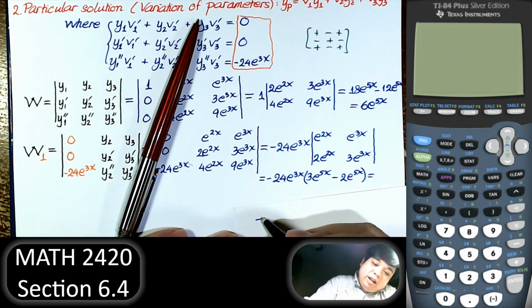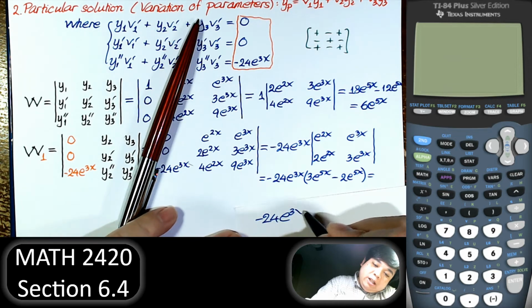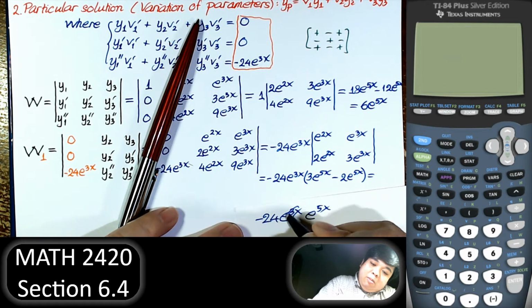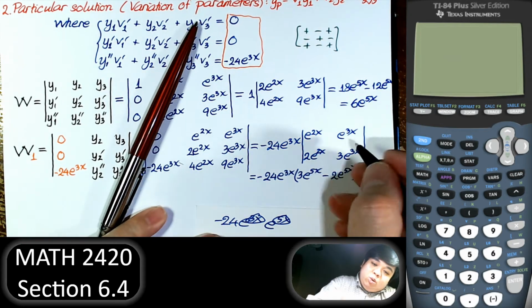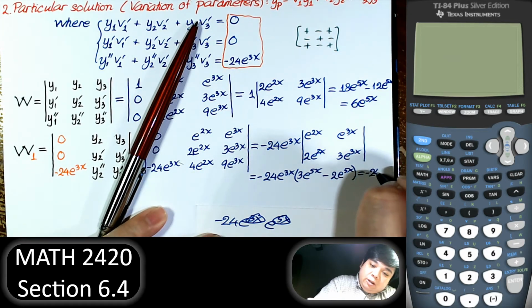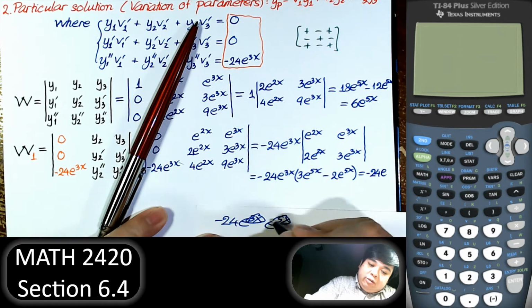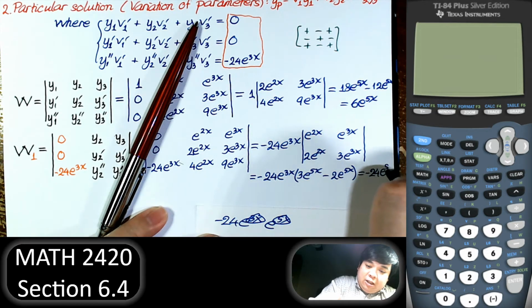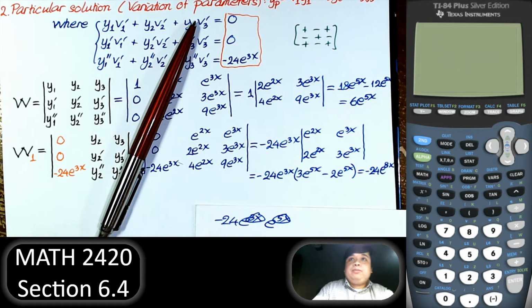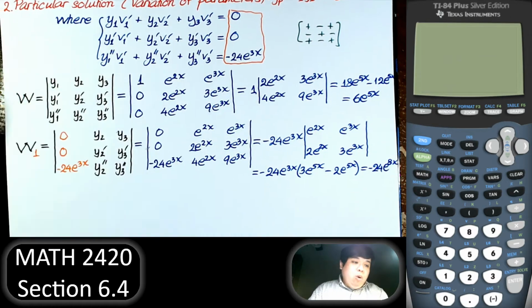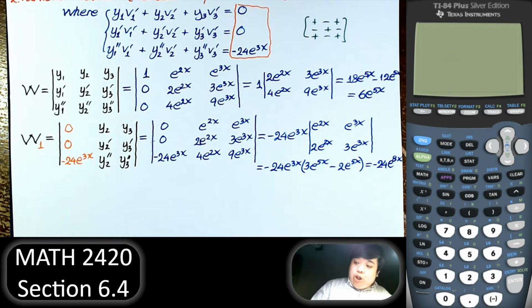So we have negative 24e^(3x), and inside the parentheses is e^(5x). Combine the exponents, give us negative 24e^(3+5) is 8. That is W1.